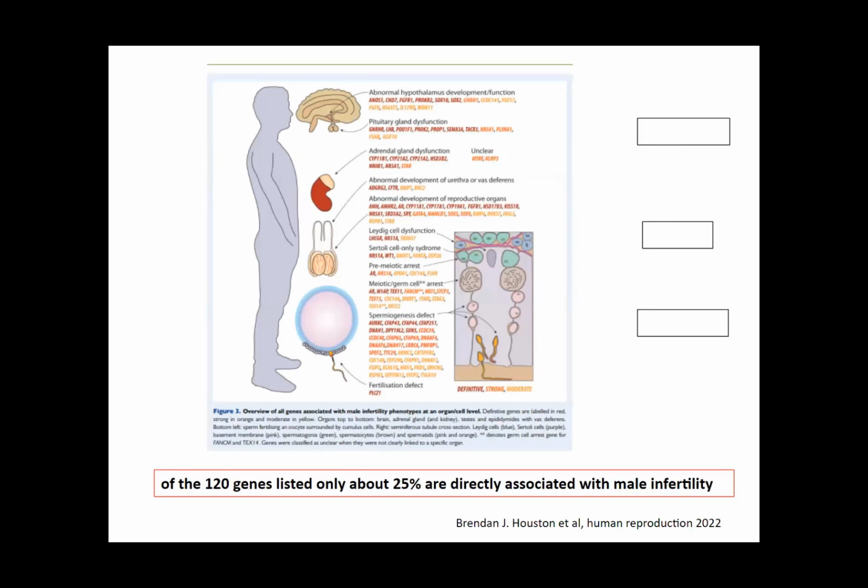Of the 120 genes listed, only about 25% are directly associated with male infertility, and they listed the genes as moderate, strong, and definitive.